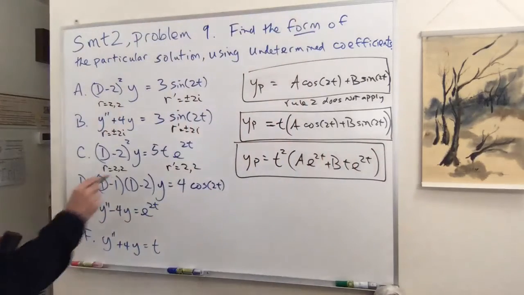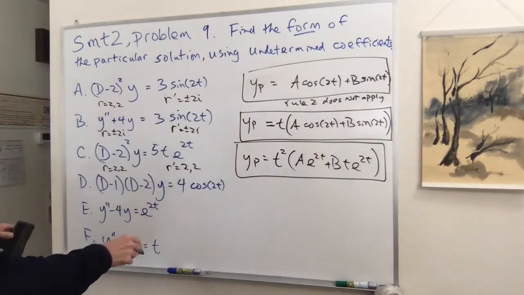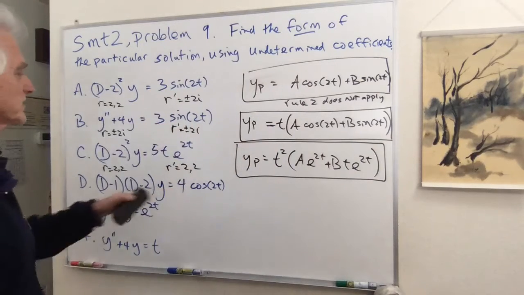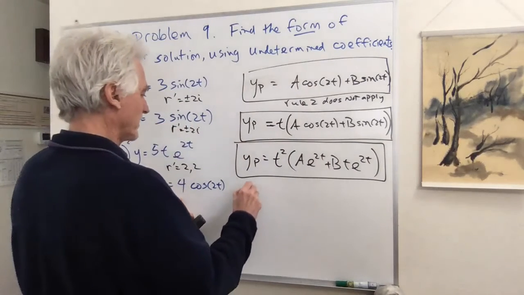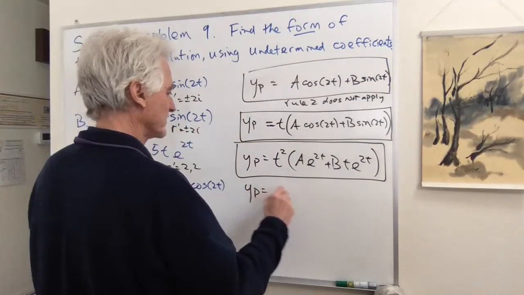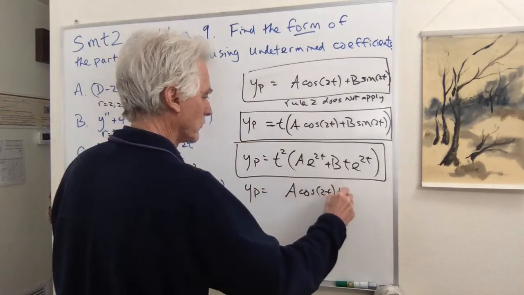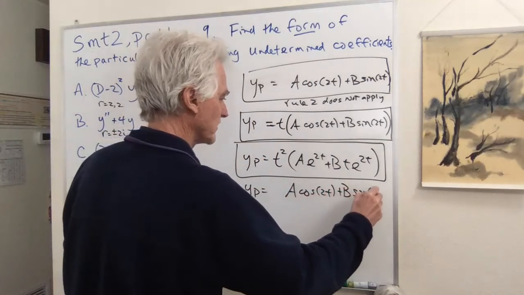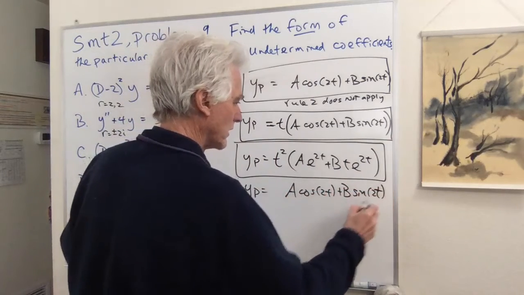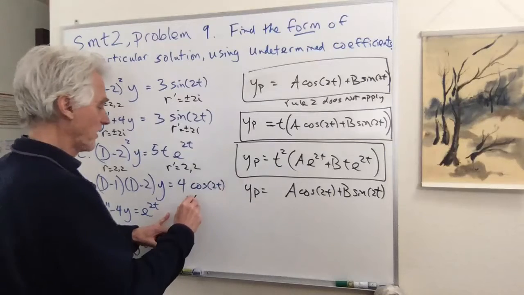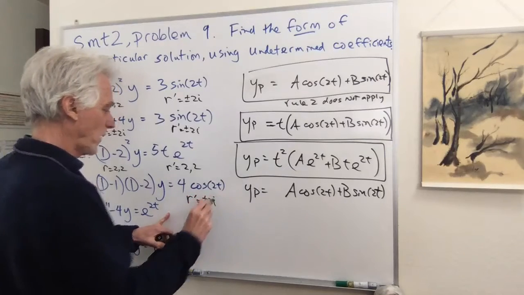So what about this one here? Oh, wow, there we had sine 2t, here we have cos 2t. It doesn't really matter for rule 1. Rule 1 still has A cos 2t plus B sine 2t. And that's what you get from the roots from the right-hand side. The r prime is plus or minus 2i, right?